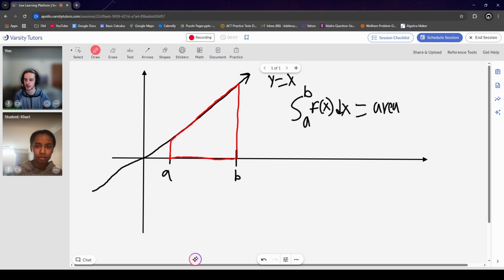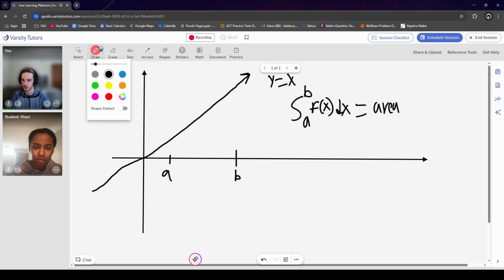In addition, if we have it as just f of x, it'll go all the way down to the x-axis, and that's what the area will calculate.